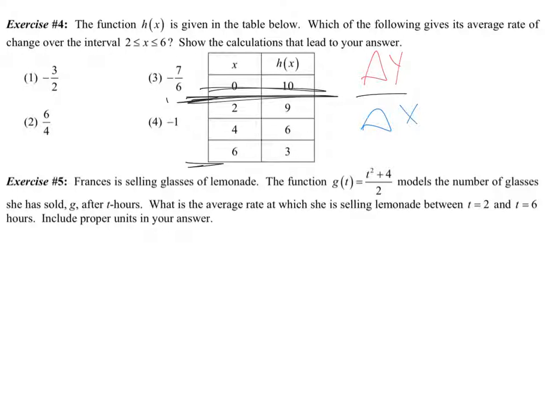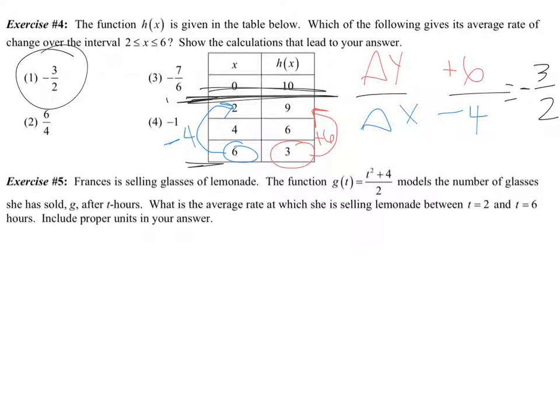Let's look at the y, or the h of x. From 3 to 9, what happened? It went up 6, so positive 6. And then we look from 2 to 6, this went up 4. So 6 over 4 is what we are reducing now. 6 over 4 becomes 3 over 2. So number 1 is the average rate of change.